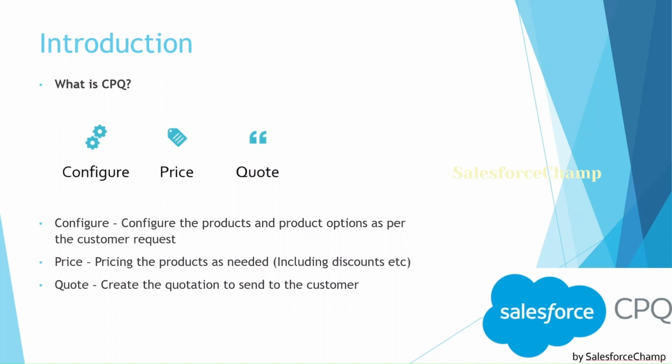Usually, the sales rep would be doing this digitally either on his computer or from an iPad. So CPQ is one of those tools which would help the sales rep to do this process digitally on his computer or from his iPad.